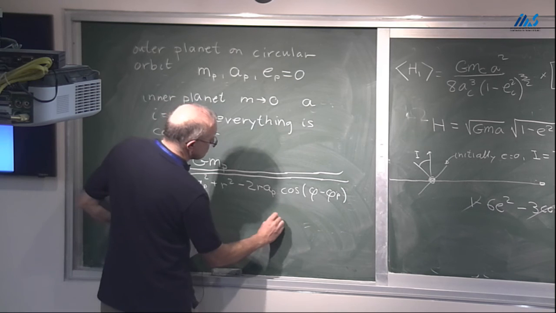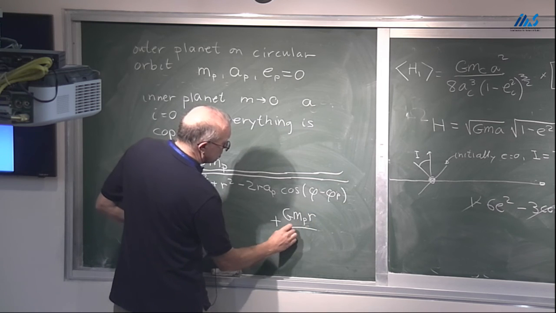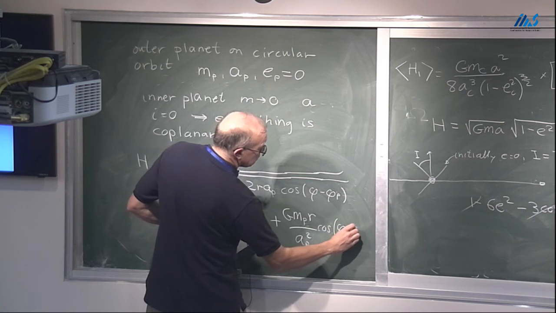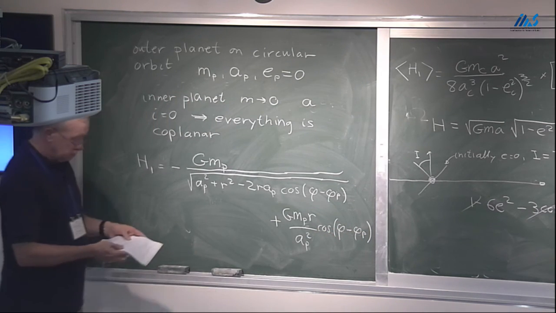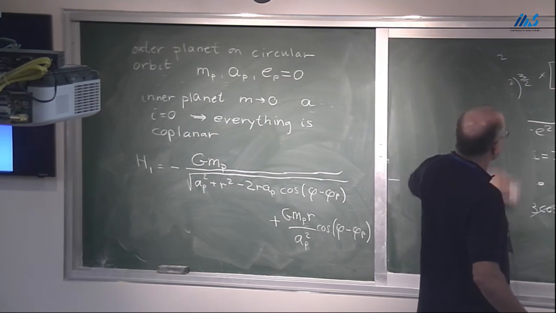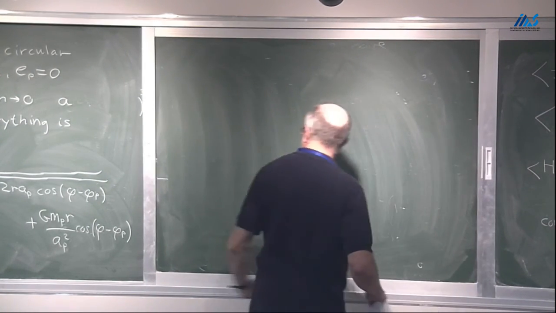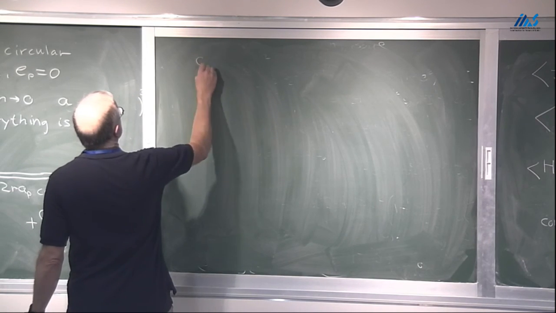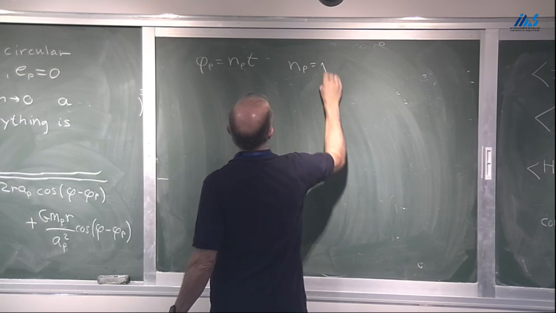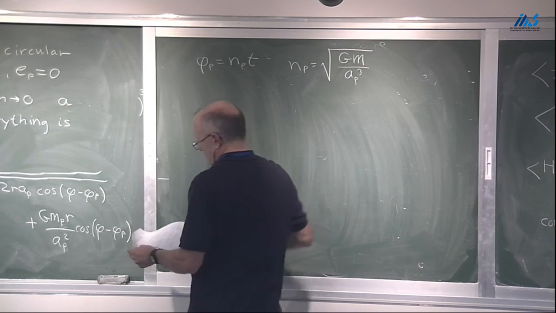And then I have to add the indirect term, which is G MP r over AP squared times cos(phi minus phi_p). Because the outer planet is circular, phi_p I can just set to be n_p t, where n_p is the mean motion, square root of G times the mass of the central star over AP cubed.